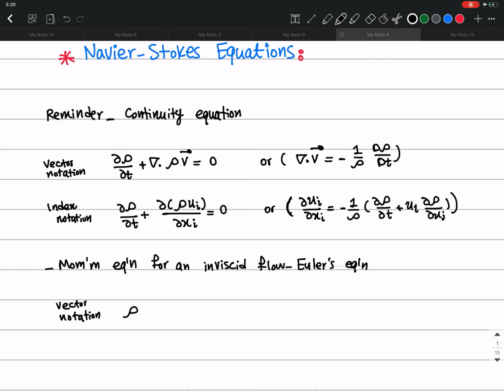Euler's equation in vector notation is rho dv over dt, which is the inertia, equals minus the pressure gradient force plus the gravitational force, so the sum of the forces except viscosity, since it's an inviscid flow. Plus rho g, which is a vector.